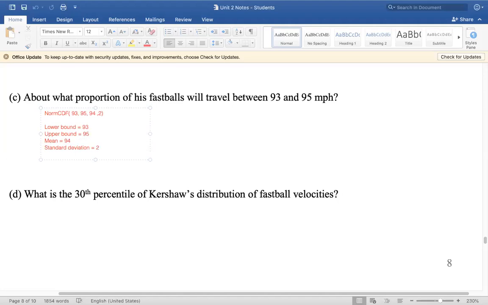Okay, and then we can actually write our answer. I think I forgot to write the answer on the last one. And then a little sentence, we could say that P was equal to 0.3829.